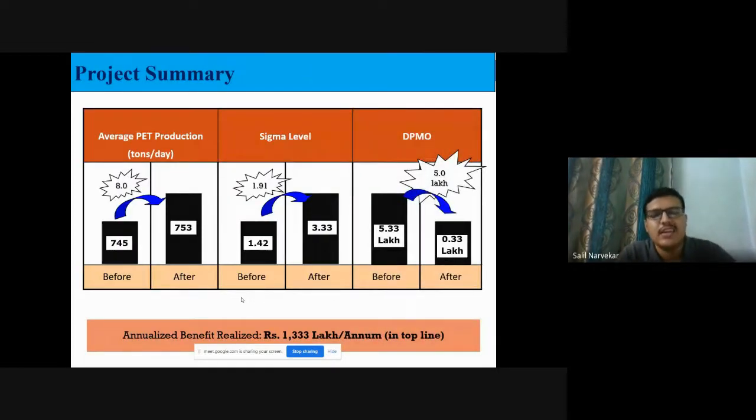The project summary has been put here: the average PET production per day before and after, the sigma level before and after, the DPMO value, and the annualized benefits realized, which is again some dummy data.